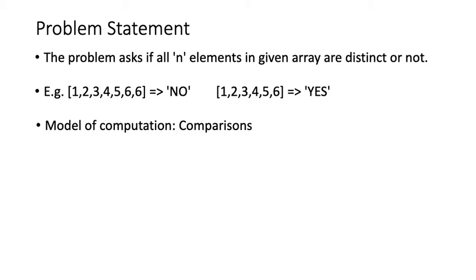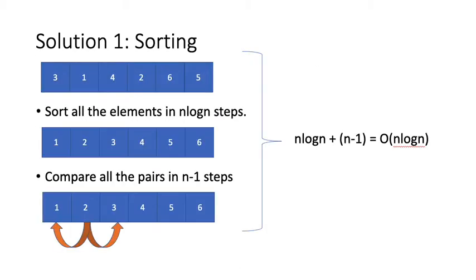So the first solution that we are going to discuss is by sorting. With this approach, first we can sort all the elements of the input instance using one of the efficient sorting algorithms in n log n steps. We can use algorithms like merge sort for this. Once these elements are sorted, sorting helps to bring the duplicate elements right next to each other.